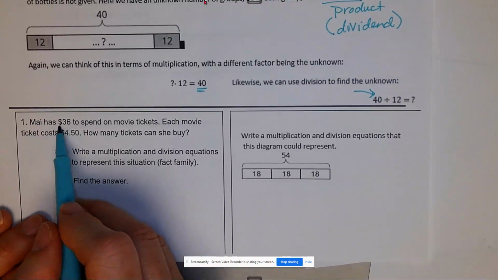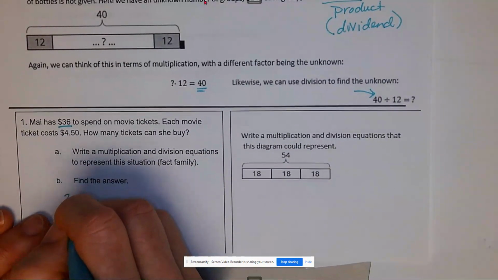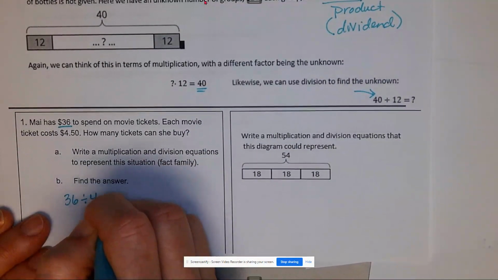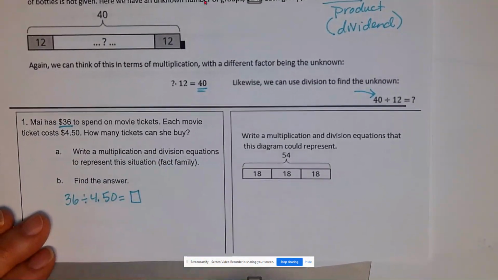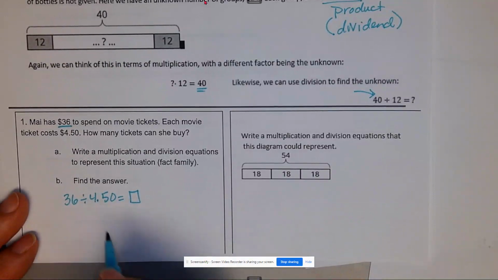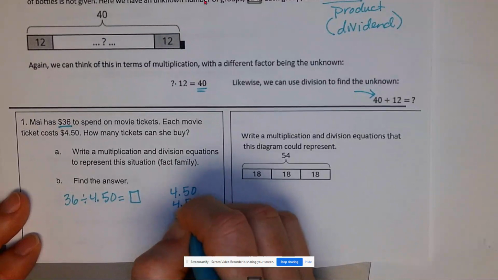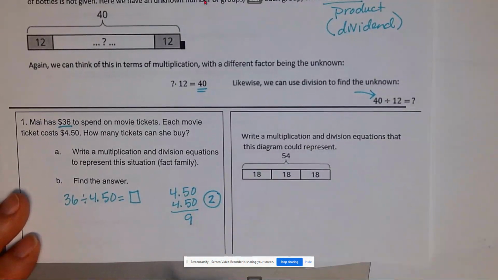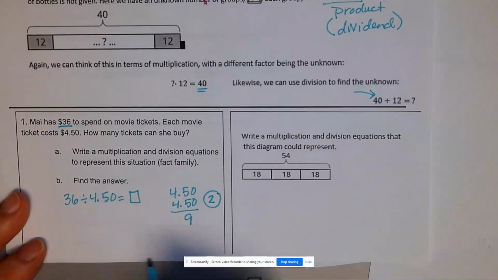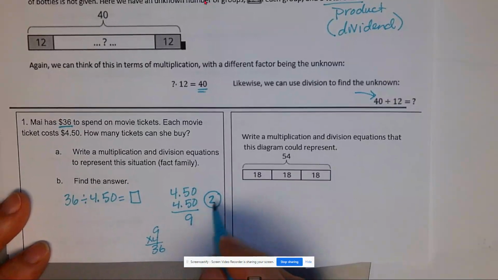Maya has $36. Remember, work on these, pause your video, try to do it yourself. Each ticket costs $4.50, so 36 divided by $4.50 equals empty box. Now to find the answer, there's several things you can do. One thing I notice is I know $4.50 plus $4.50 equals 9. That means I'm using 2 of them. And I know 9 times 4 is 36.